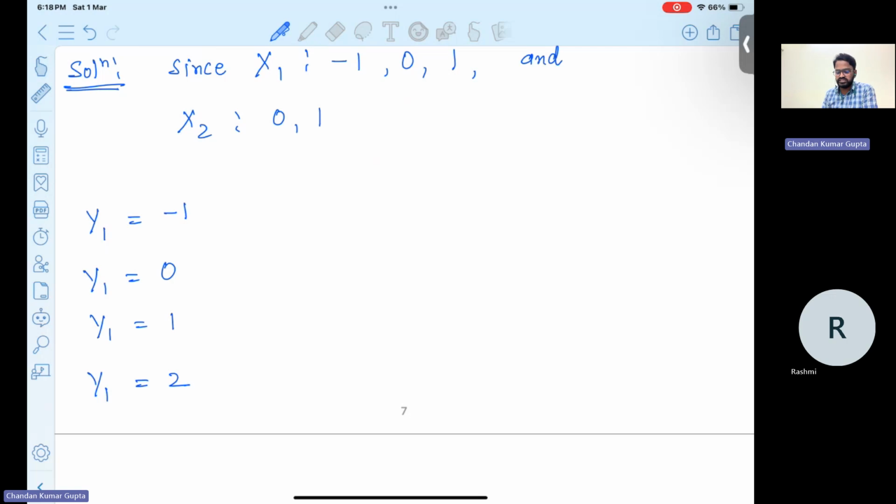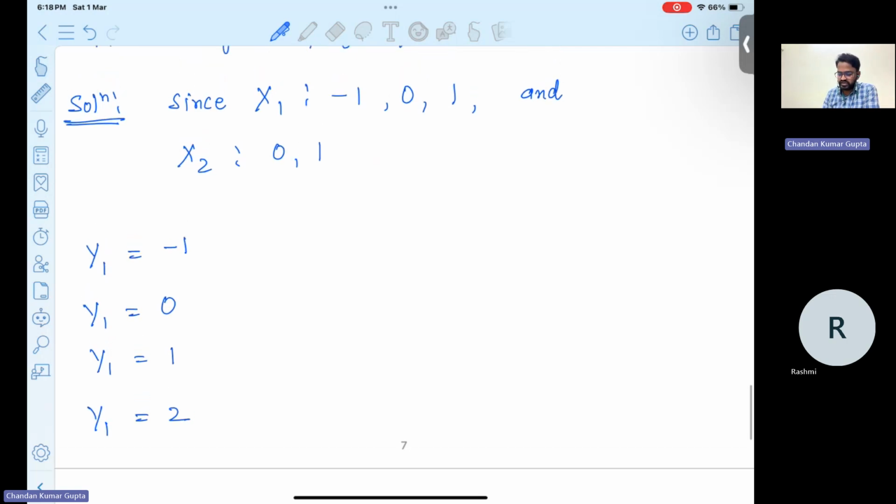So there are these four possible values of y1 when we are given x1 and x2 equal to this. And how? Let's write here.